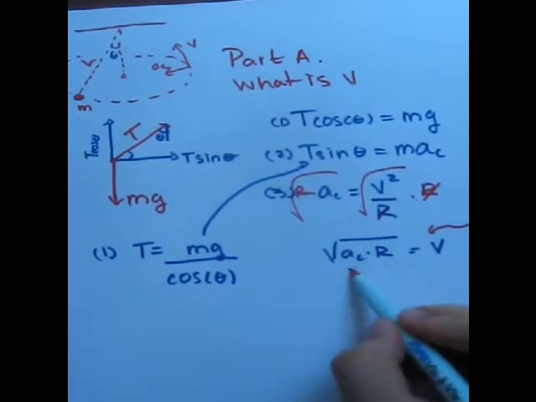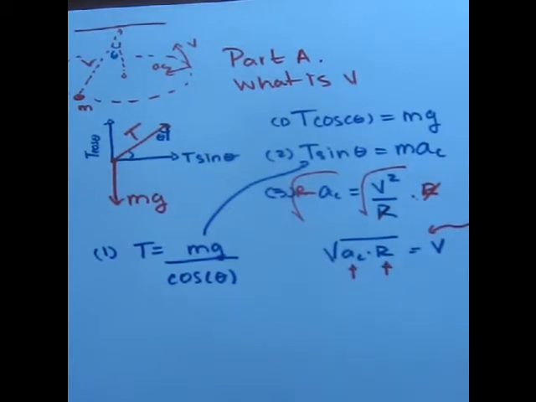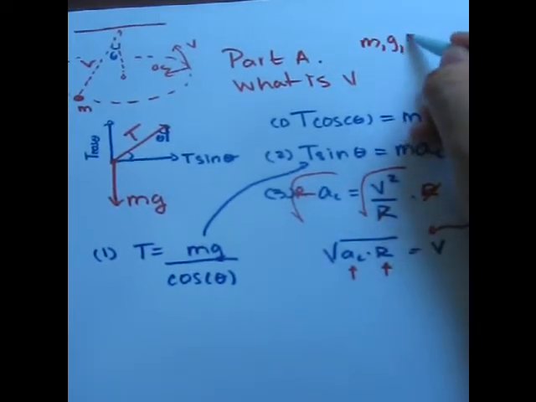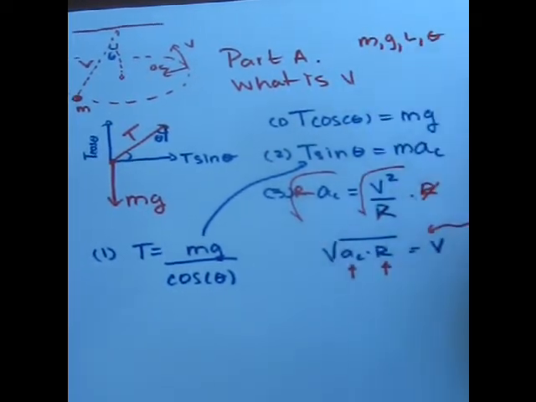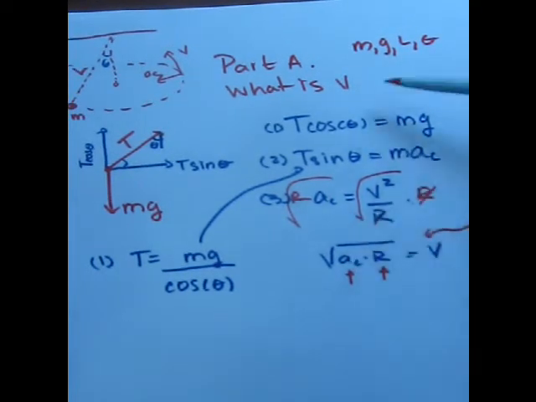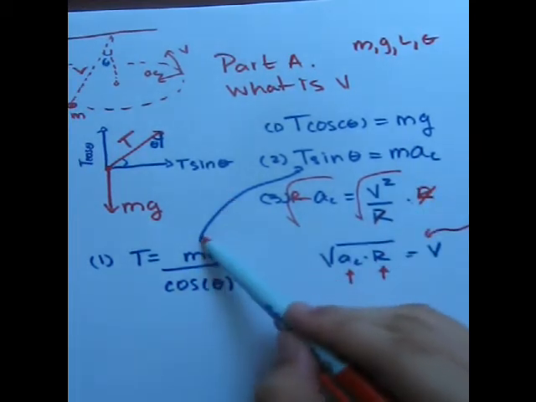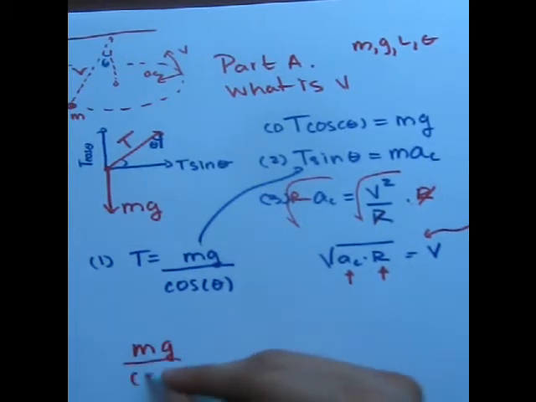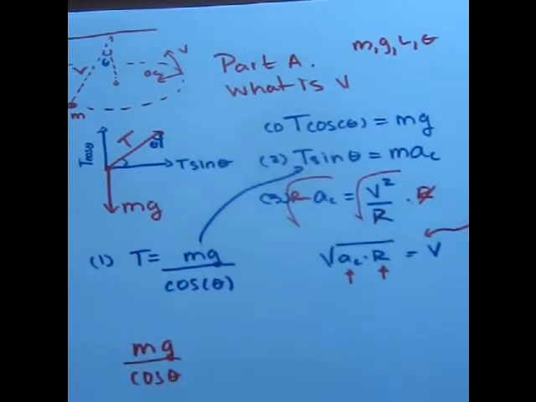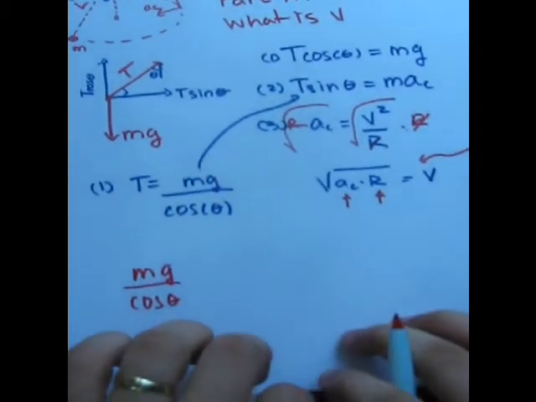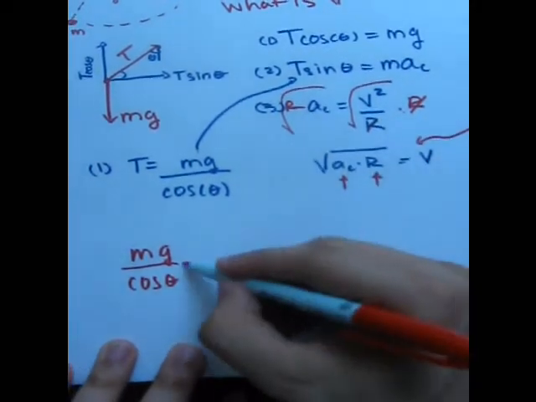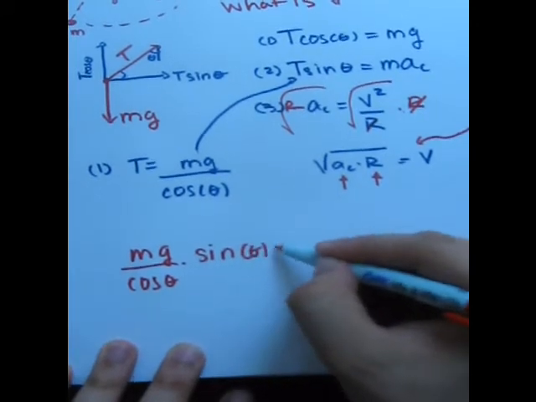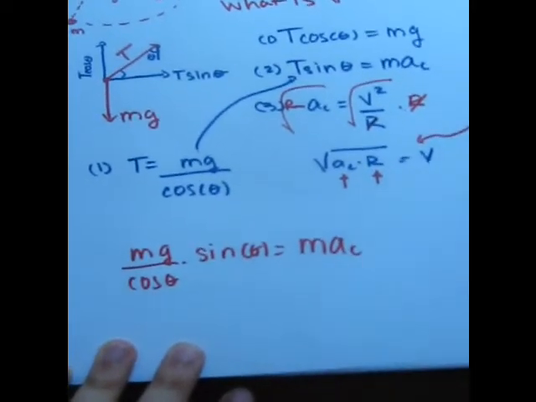My answer, I cannot leave in terms of a_c and I cannot leave in terms of r, so I have to find it using m, g, L, and theta. All these are the allowed variables, but a_c is not there and r is not there, so I have to solve for a_c and r. Well, a_c, I'm just going to plug T into my second equation: mg over cosine theta times sine theta equals m a_c.